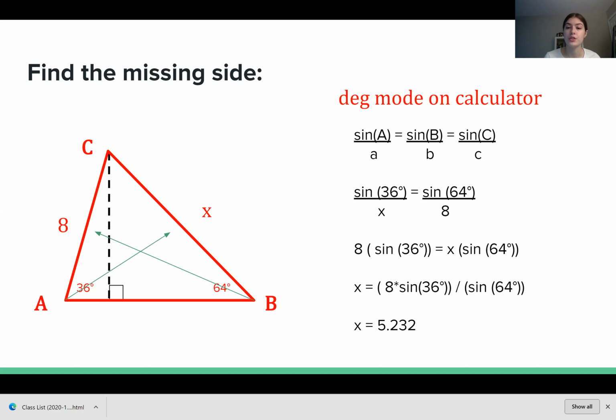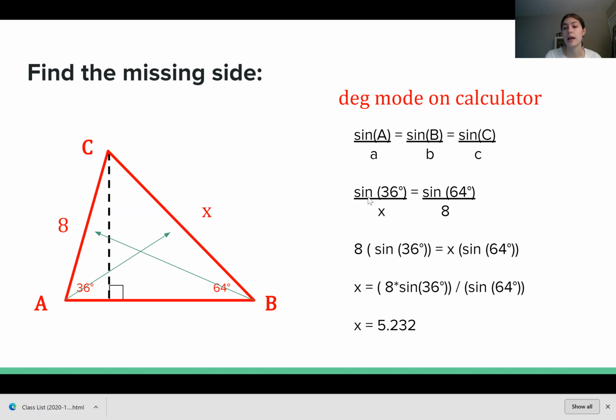So the first step we have to do is to cross multiply. So to cross multiply, what do we do? Well, we take the numerator of one fraction, and then we multiply it by the denominator of the other. And then we take the numerator of the second fraction, and we multiply it by the denominator of the first one. Right?